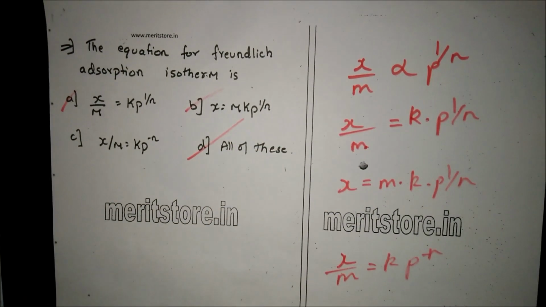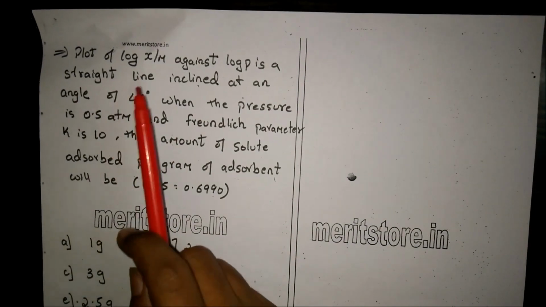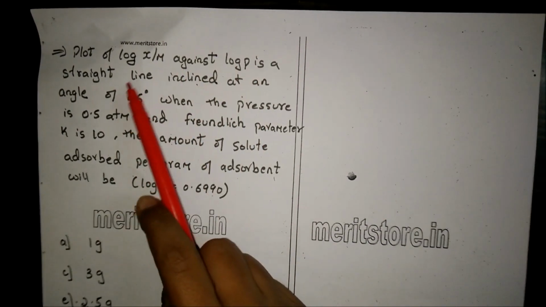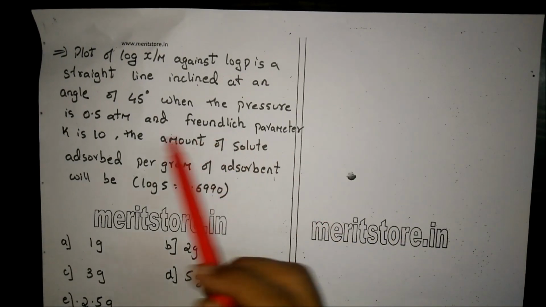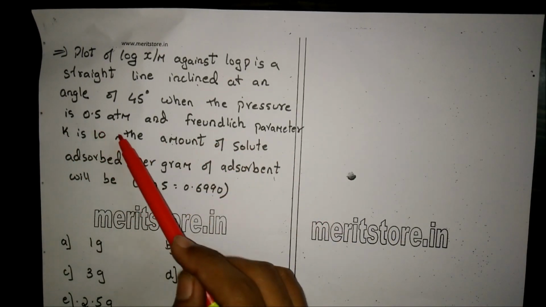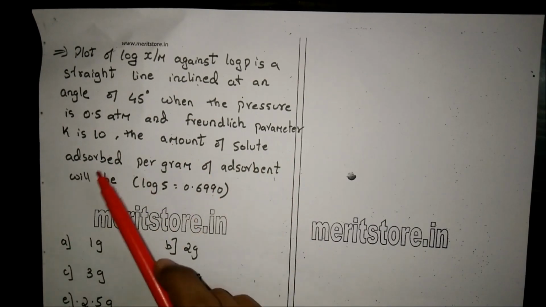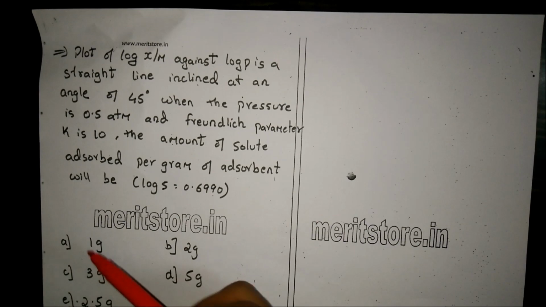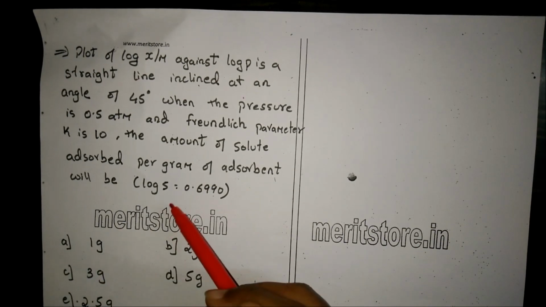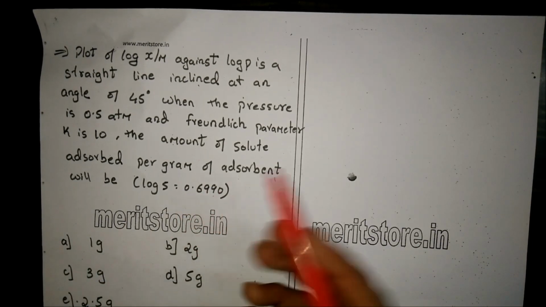Plot of log x/m against log P is a straight line inclined at an angle of 45 degrees. When the pressure is 0.5 atmosphere and Freundlich parameter K is 10, the amount of solid adsorbed per gram of adsorbent will be, these are the options. Now, log 5 is given as 0.6990.